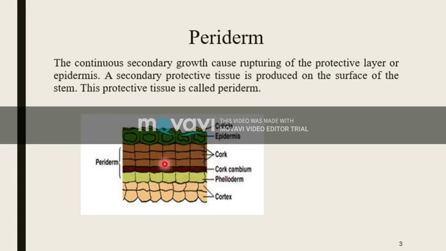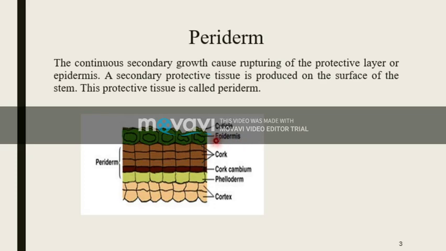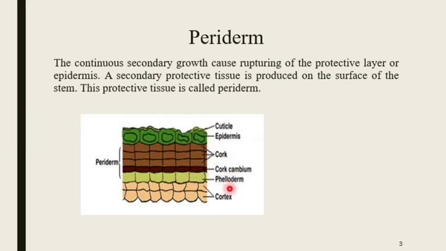The upper side tissue is called cork and the lower side tissue is called phelloderm. As more growth takes place, it results in the rupture of the epidermis layer. Then the sequence will be as such: first of all the cork, then cork cambium, then phelloderm, and then the inner cortex.